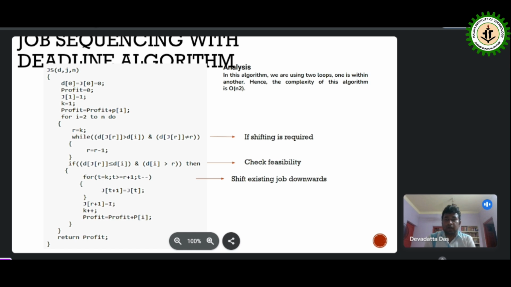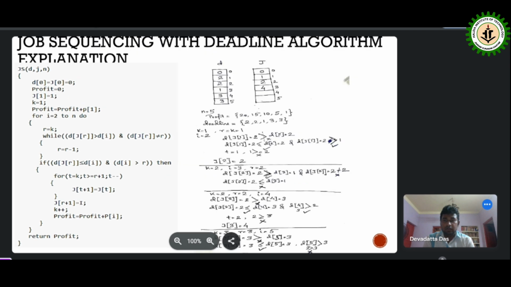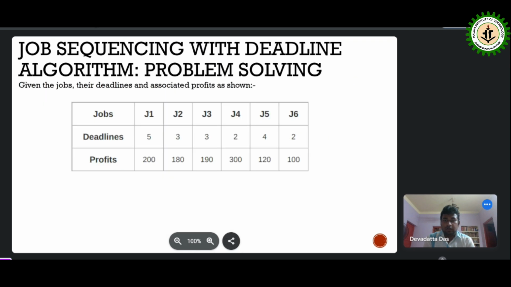Here is the algorithm of job sequencing with deadline. In the next slide, I am discussing the problem of job sequencing with deadline. So in the question, the jobs, the deadlines and the profits are given.